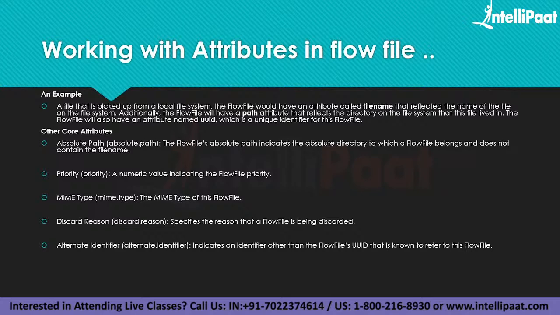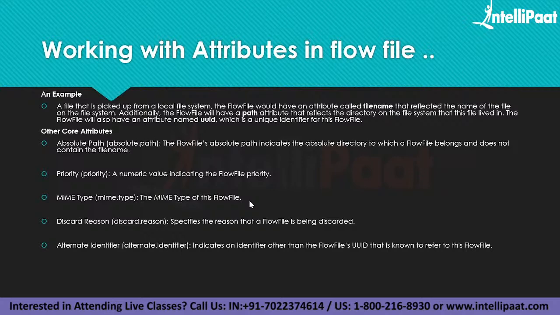Similarly, we will have a UUID, a universally unique identifier for this specific flow file. These are some examples; there are some other attributes. For example, absolute path. If it is in a file system, it will tell you the exact path where this file is. So absolute path is also there.